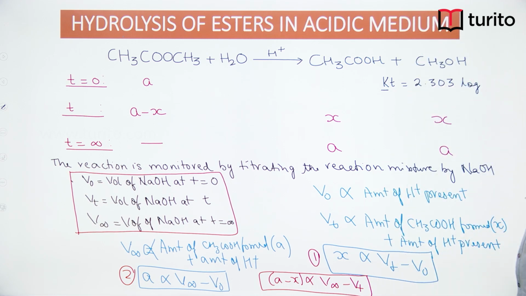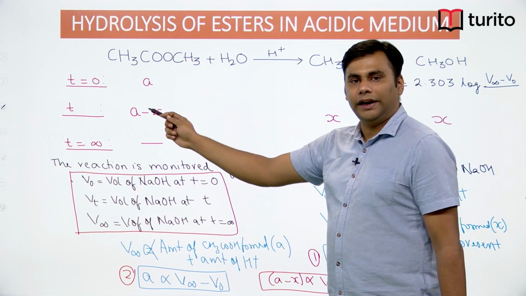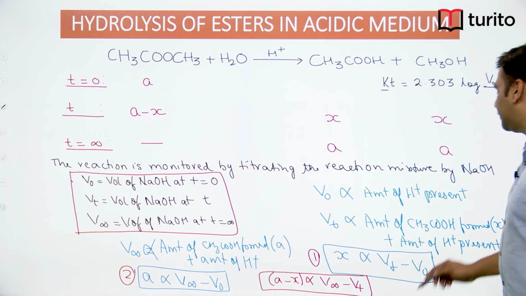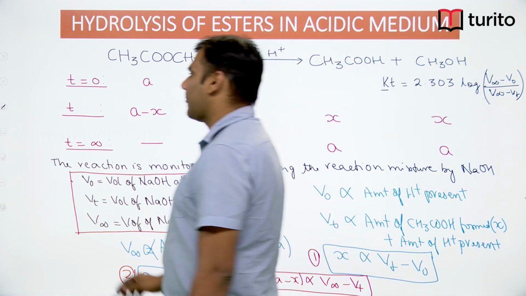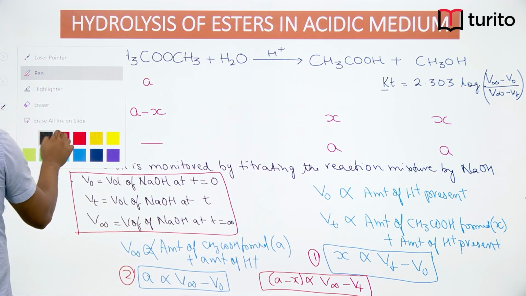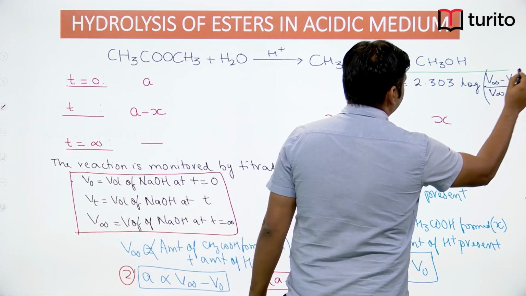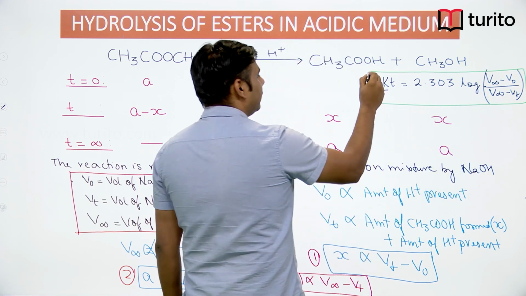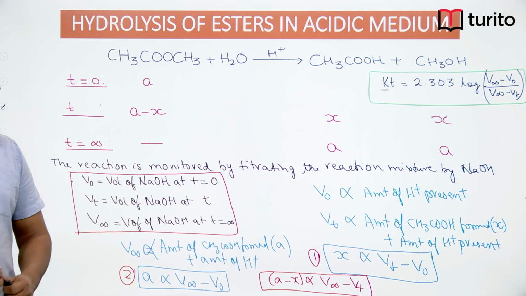What has been given to us? a is proportional to V infinity minus V naught, and at is a minus x, which is proportional to V infinity minus Vt. Okay, so this would be the expression of the first order integrated rate equation for the hydrolysis of ester in terms of volume of base consumed.